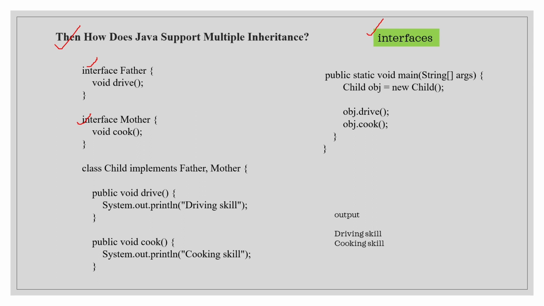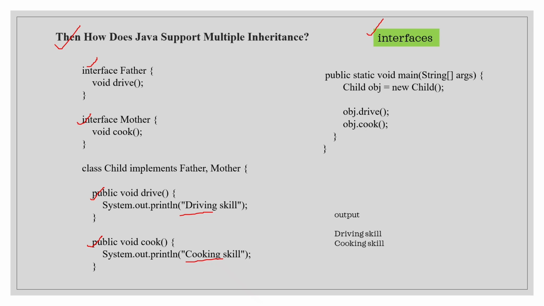So inside the child class, we implement the drive method. It means the interface only declares the method void drive. That method implementation is there in the child class, driving skills. And one more method, void cook, which is the method of the mother interface, is implemented in this child class, cooking skill. Right? Now there is no confusion at all.